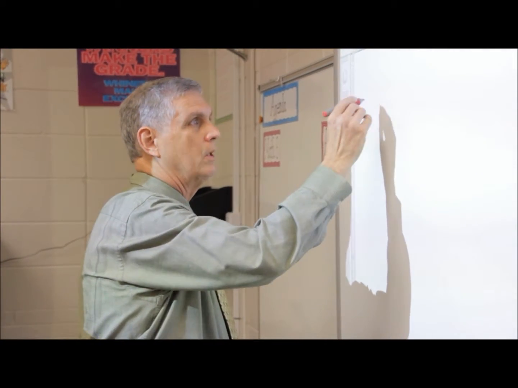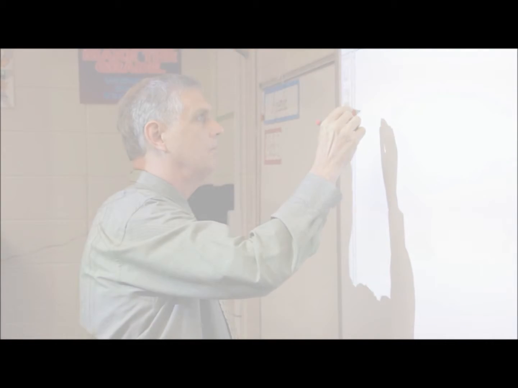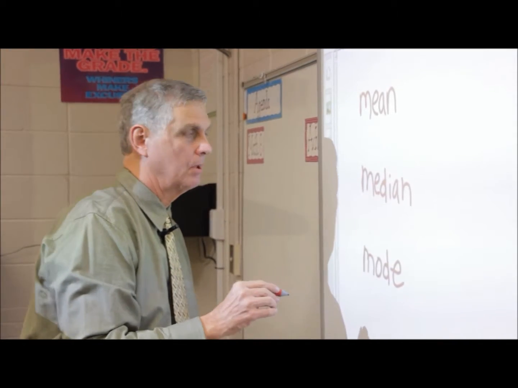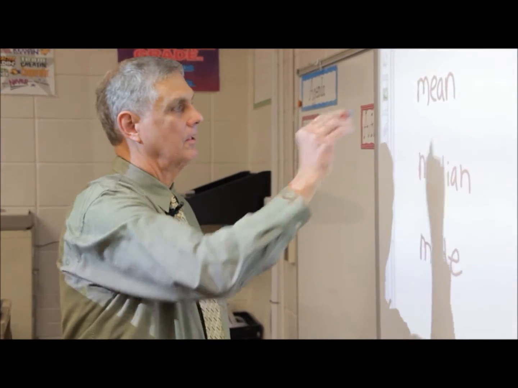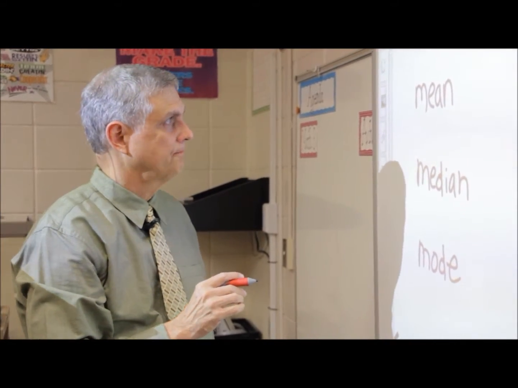We have the arithmetic mean, we'll just call it the mean, and some people may prefer to call that the average. We have the median, and we have the mode. So before we get into doing some actual problems, let's make sure we understand what these are.